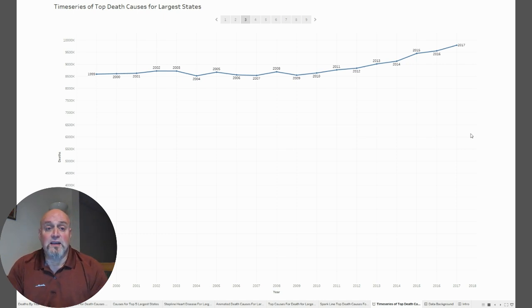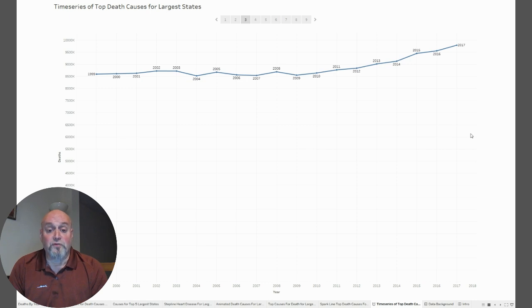You can see the growth of death causes from 1999 to 2017 for the United States altogether, just to get a sense of the growth. However, I will say the growth is more likely due to our population growth over time, which has been significant.